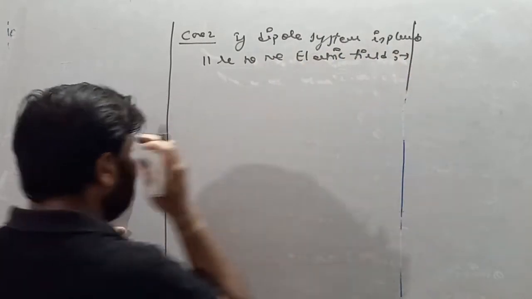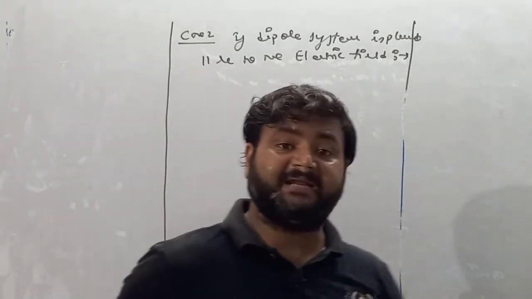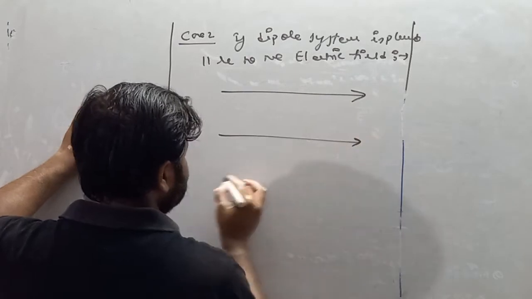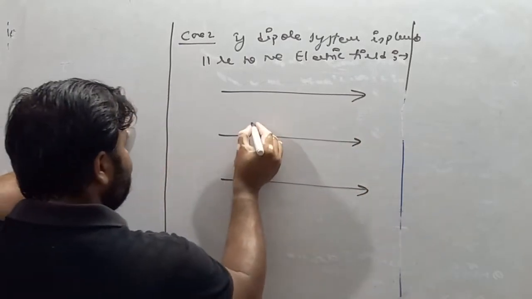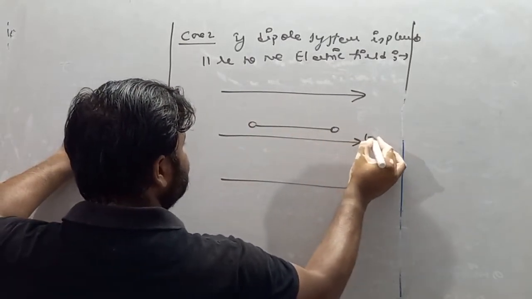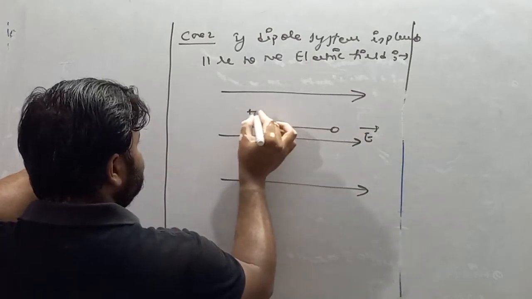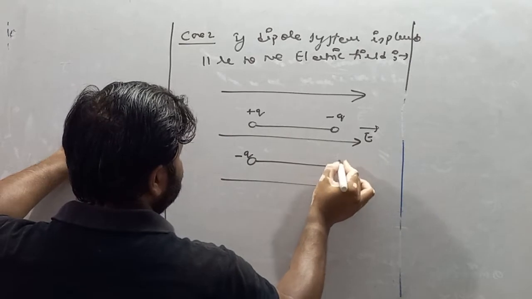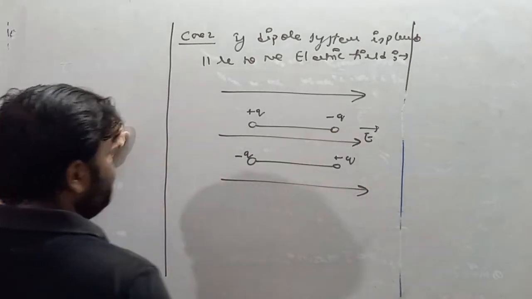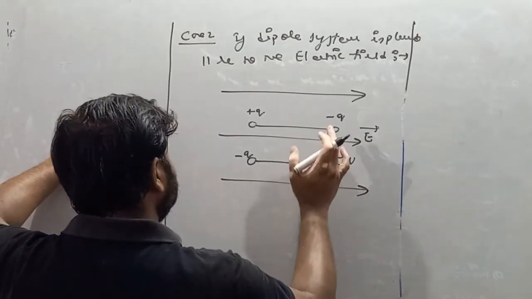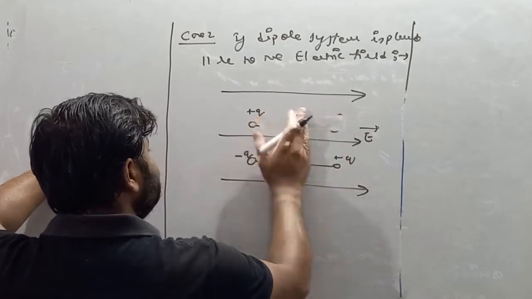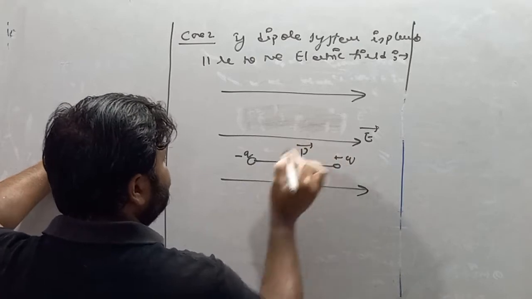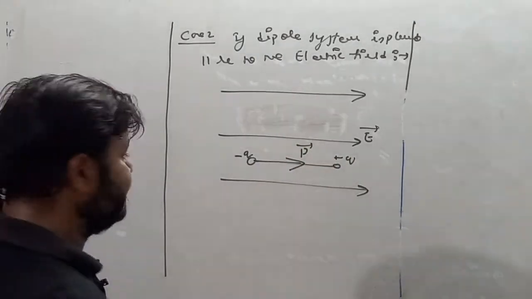Now see, dear student, we have an electric field, let's suppose like this, and we have a dipole system, let's say plus q and minus q, or we can make minus q and plus q, one and the same thing. Let's take this situation in which the direction of the dipole moment is along the direction of the electric field.